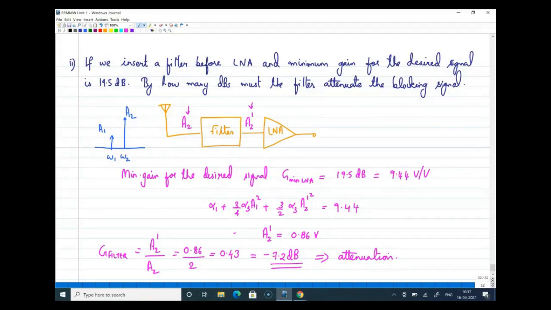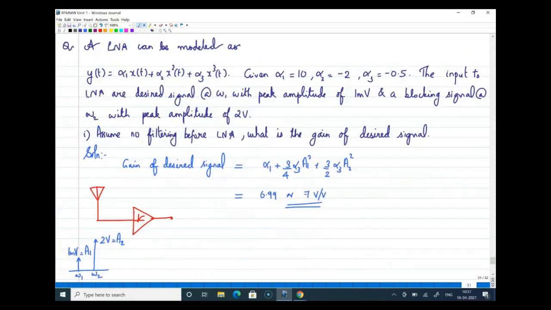Yeah, please. So basically, this numerical is based on the concept of gain compression, or like I'm not able to correlate to what you're... Oh, sorry. This is actually to understand the effect of another signal interferer coming along with your desired signal. So you can see that in this specific case, in the first point, when you have directly LNA, we obtain the gain of the signal as some 7 volts per volt.